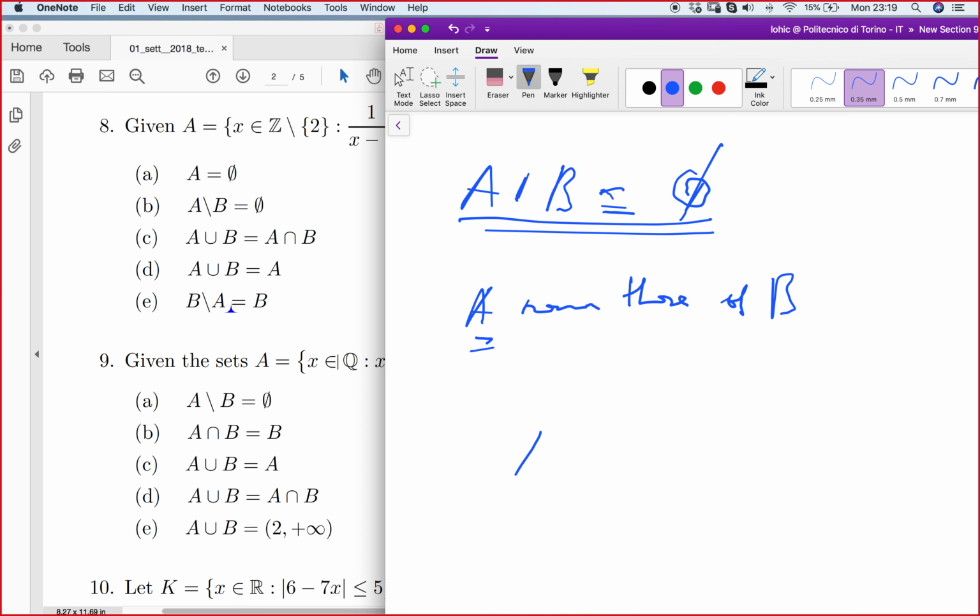So that's why we say that if I take A and remove the elements of B that are in A, I get the empty set. Okay?